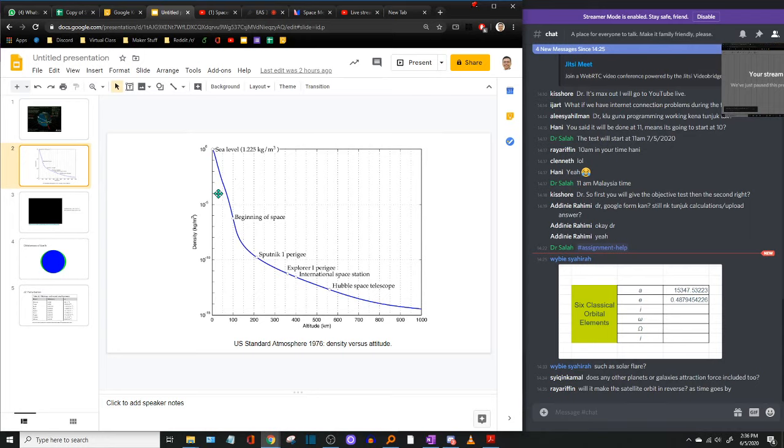As you go further and further up, the air density becomes lower and lower. You might think that once you get in space, the air density will be zero, but it turns out no, there is still air density left, but it's very, very small. It peters out as you go further above. Some of our satellites are in this region, 400 to 800 kilometers, low Earth orbit.